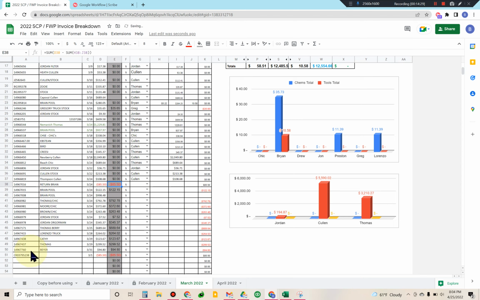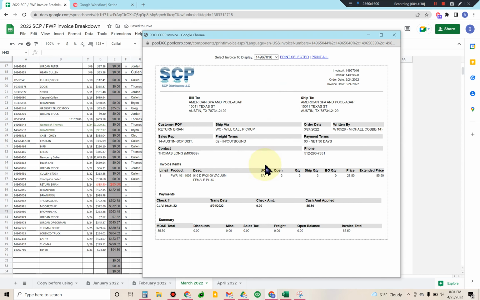So just be aware that sometimes the credits can be really funky on here, and you have to look around for it, because what I was doing was I was pulling up this receipt and I say this is 85.80, and I know that's my return that was down here. So just a heads up that the credits do not come across when you copy and paste, because they have them down as a $0 because $0 is due.